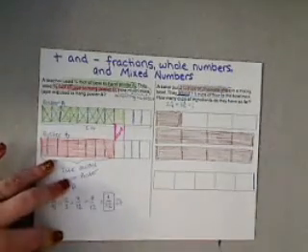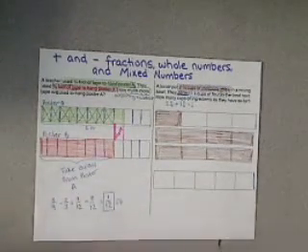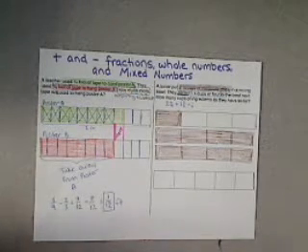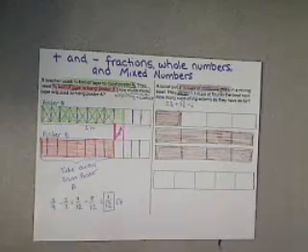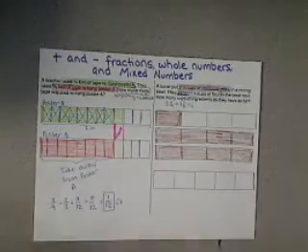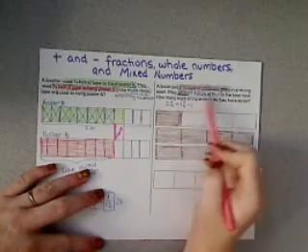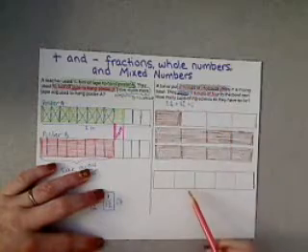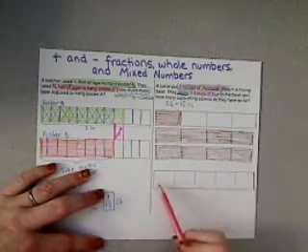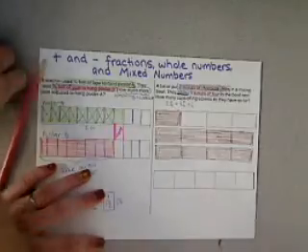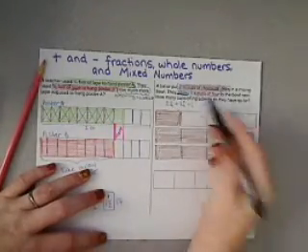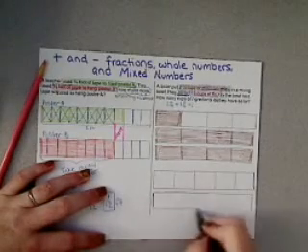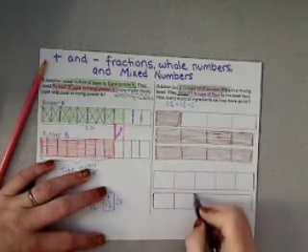Now I need to take care of the flour. So for the flour, let's see here. I'm probably going to have to go with a color that's not really flour-like, just because flour is kind of white most of the time. So we're going to go with this pink color. So 1 2/5 cups. 1, 2, 3, 4, 5. Okay, so I have 1 bar, but I need to be able to represent the whole number and the fraction. So I'm going to draw 1 more bar. Here we go.